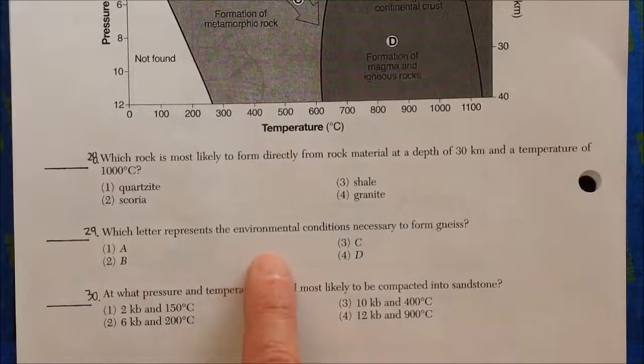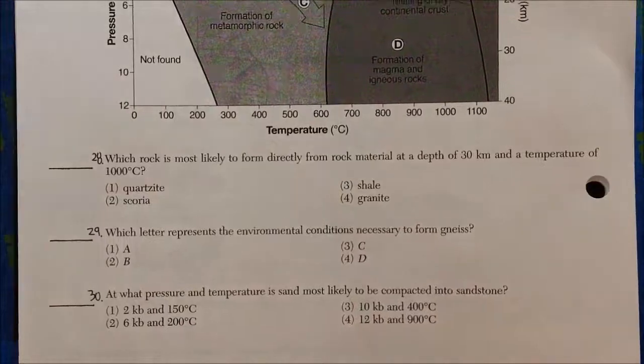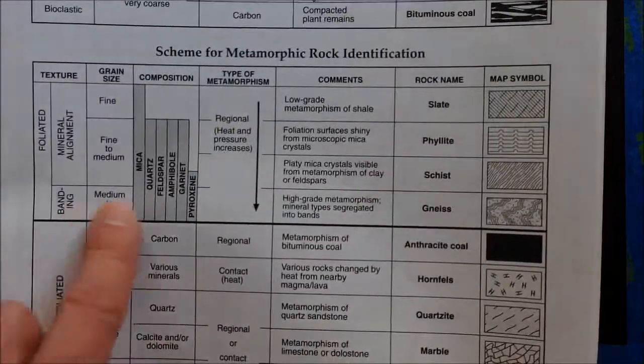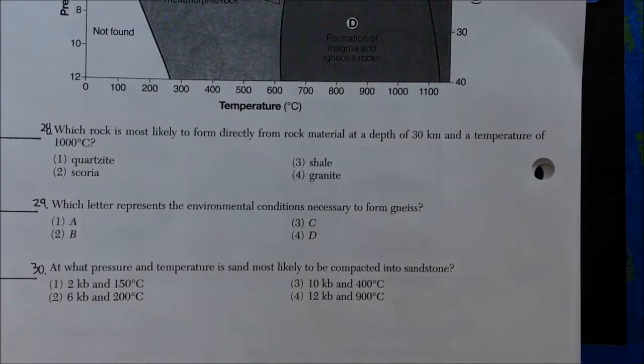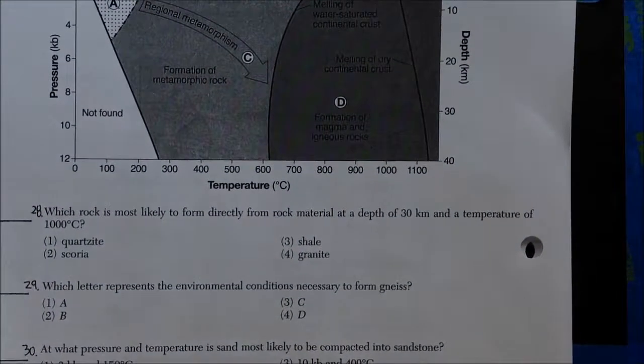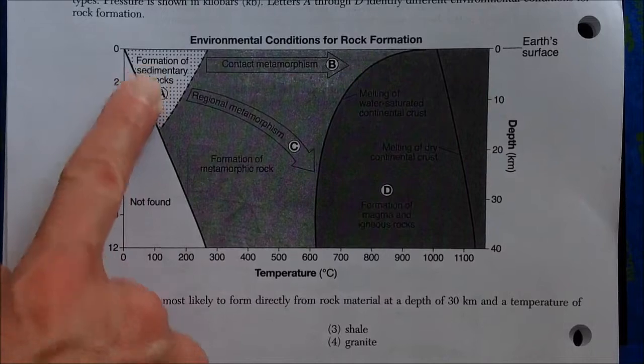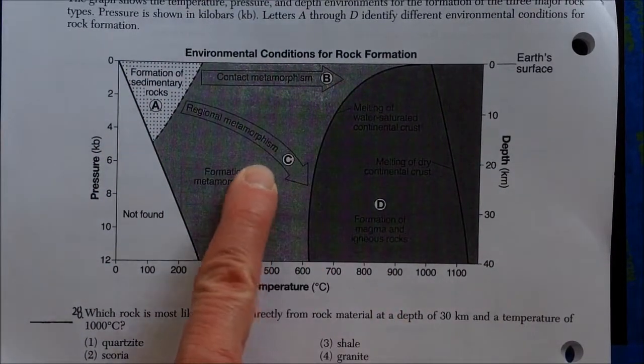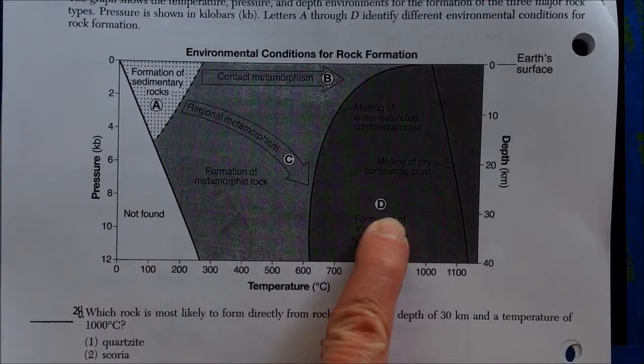29. Which letter represents the environmental conditions to form gneiss? So, if you don't recognize gneiss, you're going to find what kind of rock it is. You will find that gneiss is a metamorphic rock, high grade metamorphic rock, heat and pressure. So, you got to kind of look around and recognize you're looking for metamorphic rocks. So this is sedimentary rocks, not A. This is contact metamorphism only, B. This is regional metamorphism, and D is igneous.